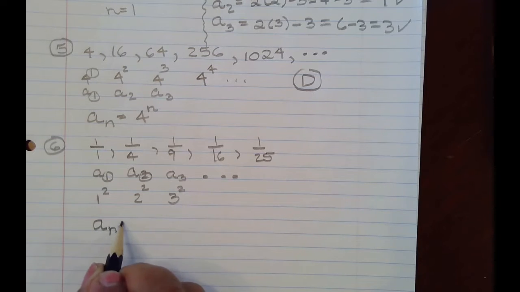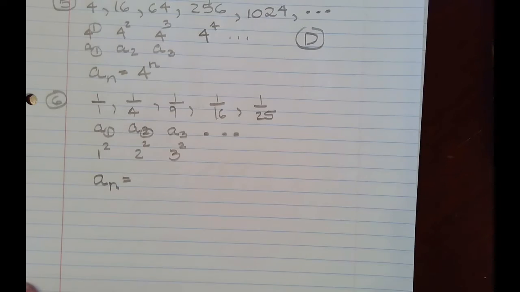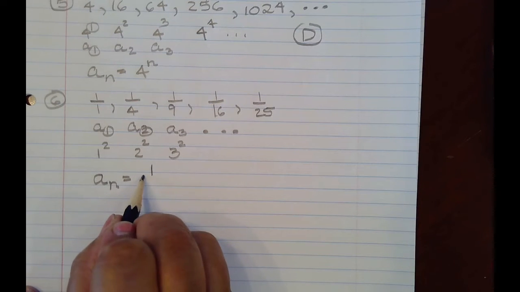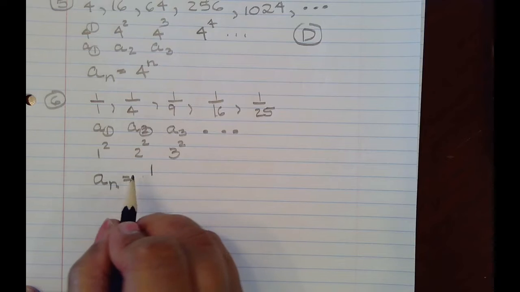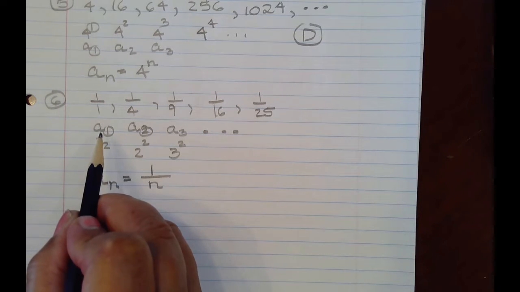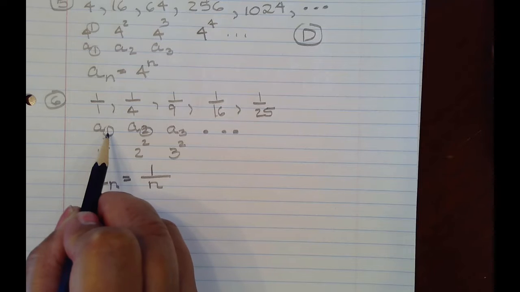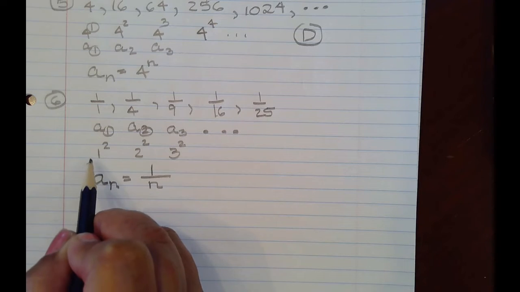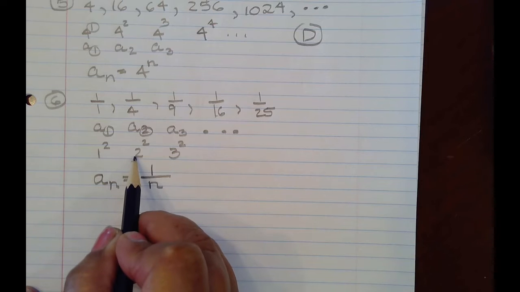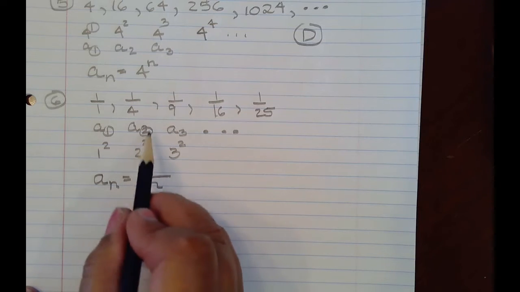Any term in the sequence, which we call the nth term, can be had in this fashion. You can go 1 over the n value. Like when you're talking about the first term, that would play the role of the n value, so it would be that value squared. When you're talking about the second term, that would play the role of the n value, because in these problems, the n value is depicted by the subscript.